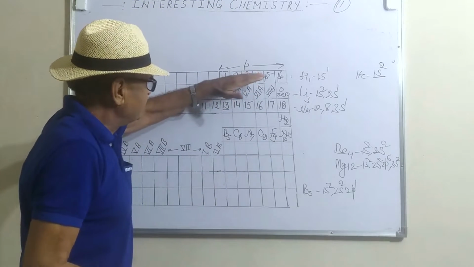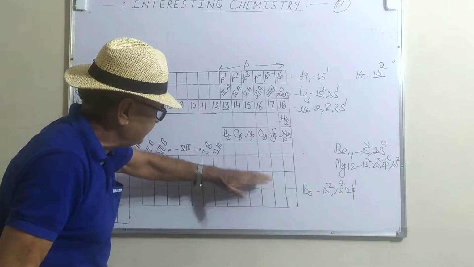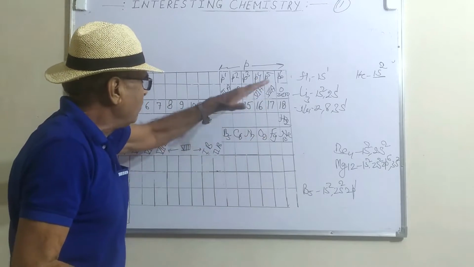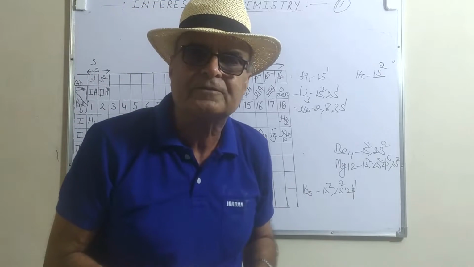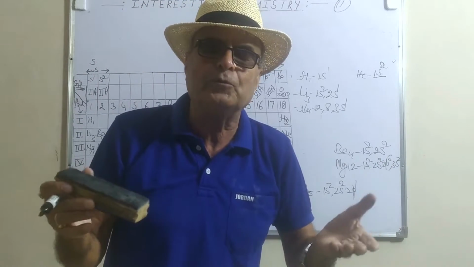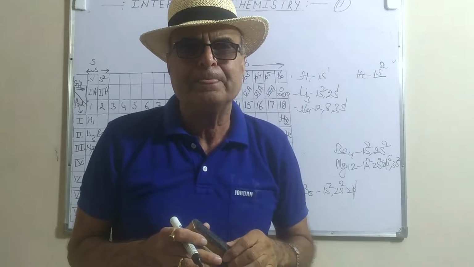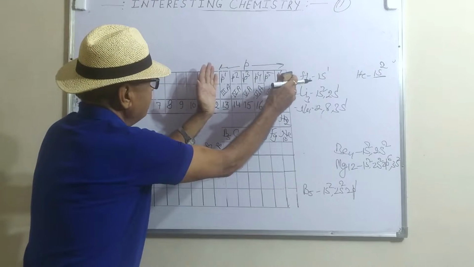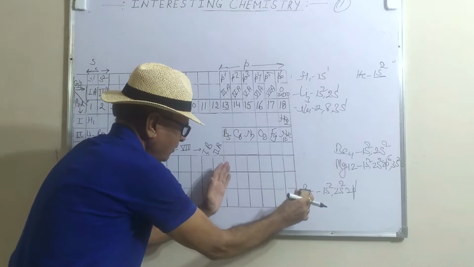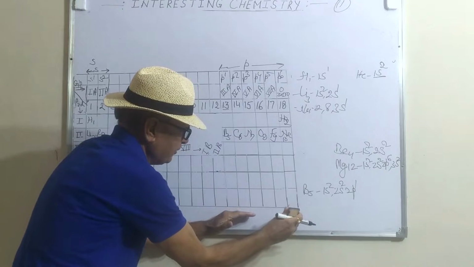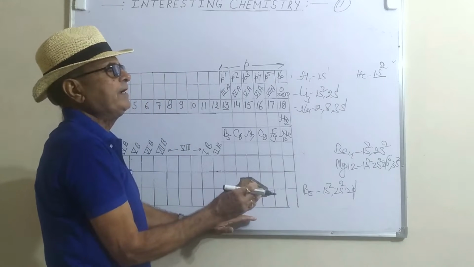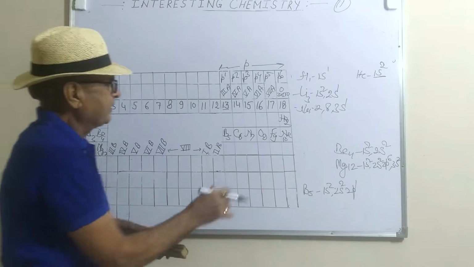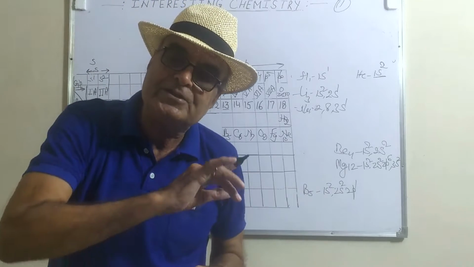All the elements which will be filled in these blank columns right here will all be p type orbitals. Here is s type and here is p type. This portion is the place in the periodic table for p type elements, and this one is for the s elements.